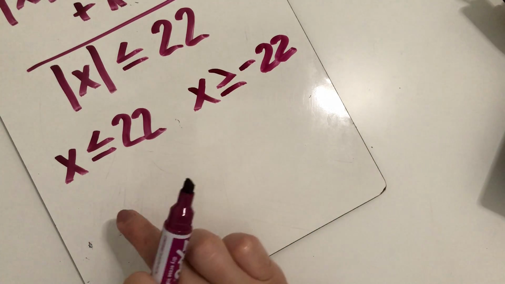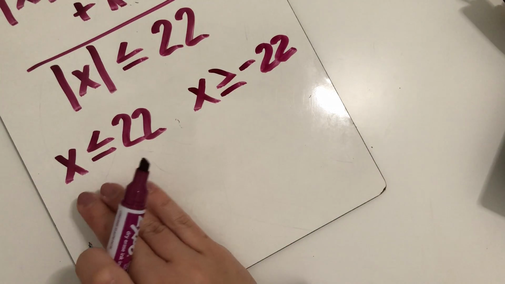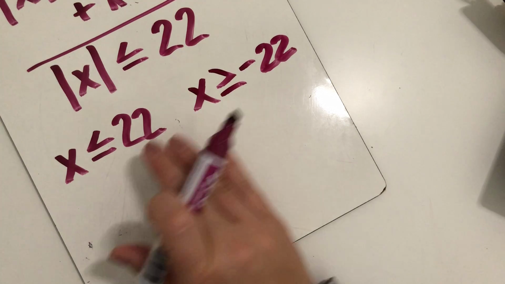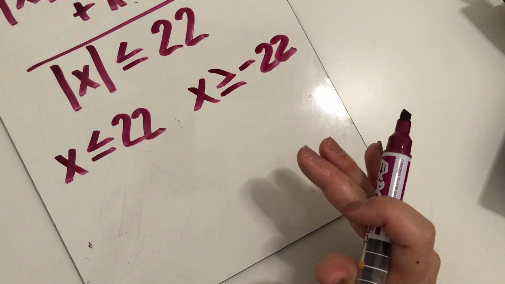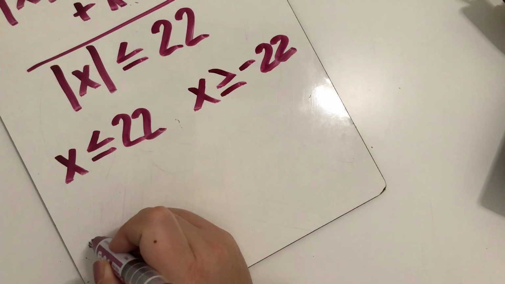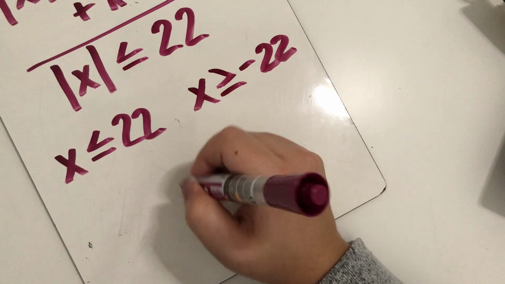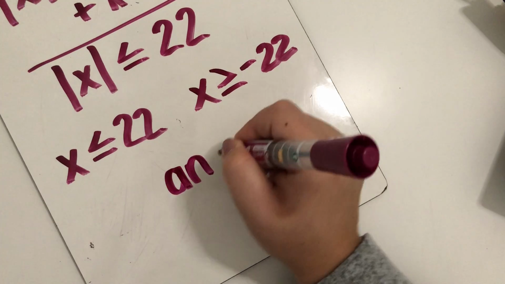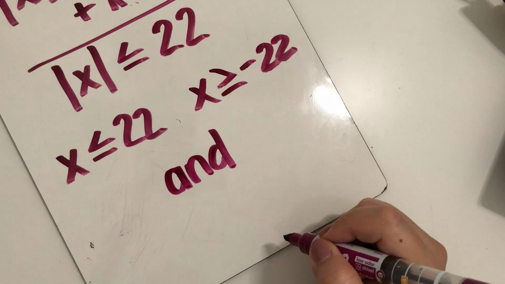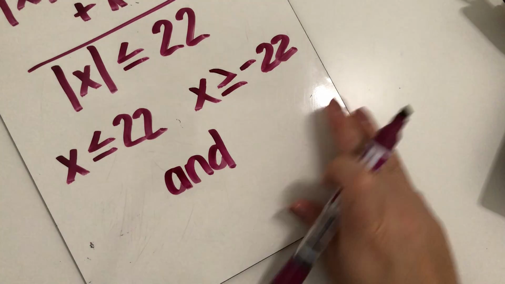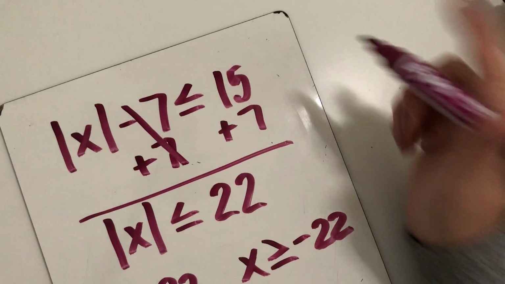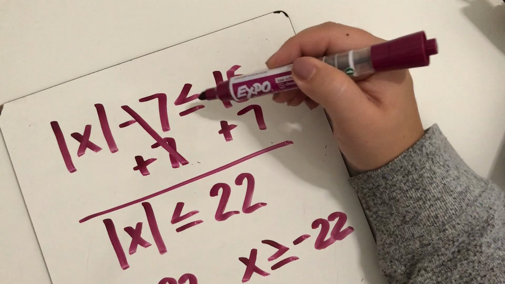So if I look at this, I'm talking about x being less than or equal to 22, greater than or equal to negative 22. What type of compound inequality do you think I'm going to have? Yep, you guessed it, this is going to be an and compound inequality, because it's going to be a solution set that overlaps in between. Remember, you can tell this by your beginning inequality sign.